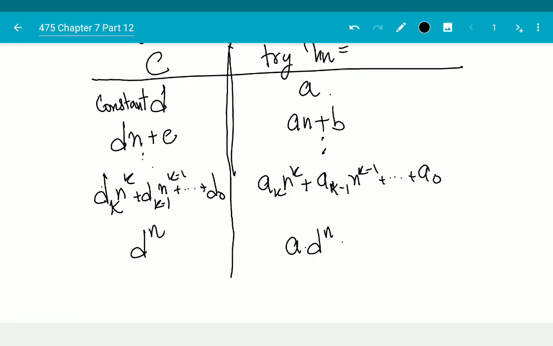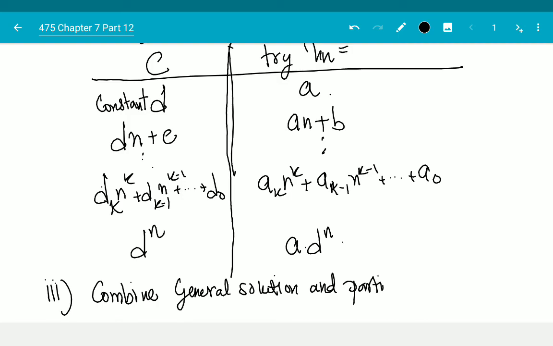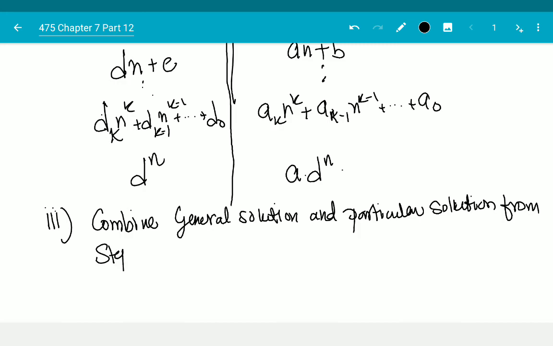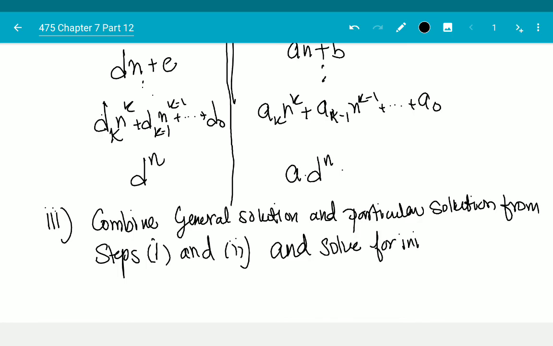Okay, and for step 3, combine the general solution and particular solution from steps 1 and 2, and solve for the initial values.